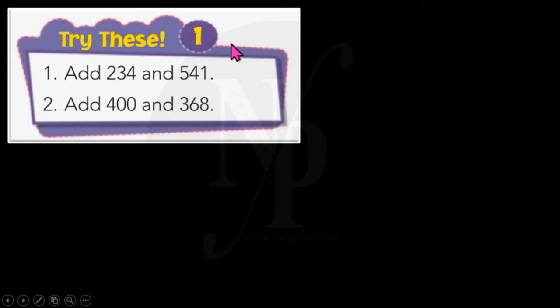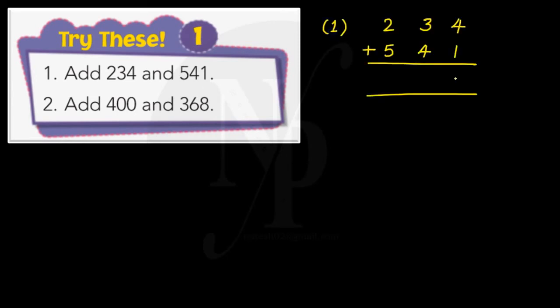Try these. Number 1. So we have to add the numbers in questions number 1 and 2. Let us write down these numbers one below the other and we will add them to get the sum. Here I have written down the given numbers in question number 1, that is 234 and 541.